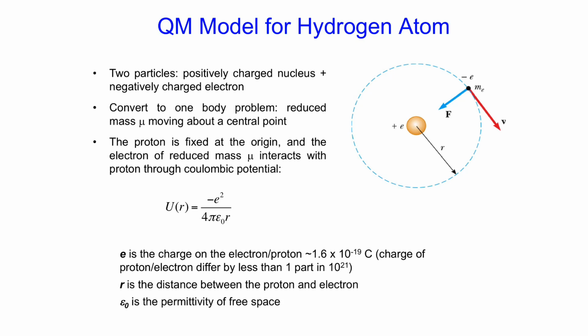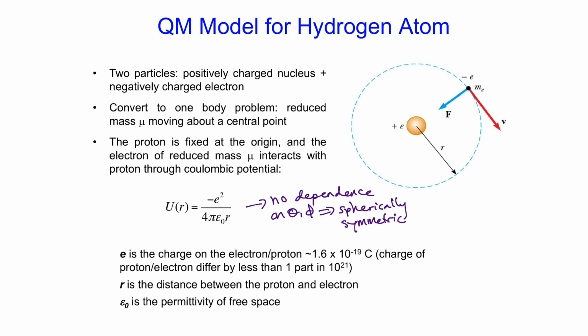Okay, so one last thing that we can consider here is that because our potential has no theta and phi dependence, our potential is what we call spherically symmetric. That means that our potential just depends on the distance between our particles.